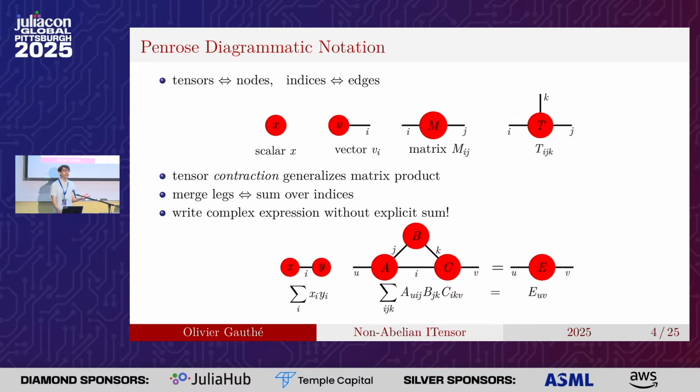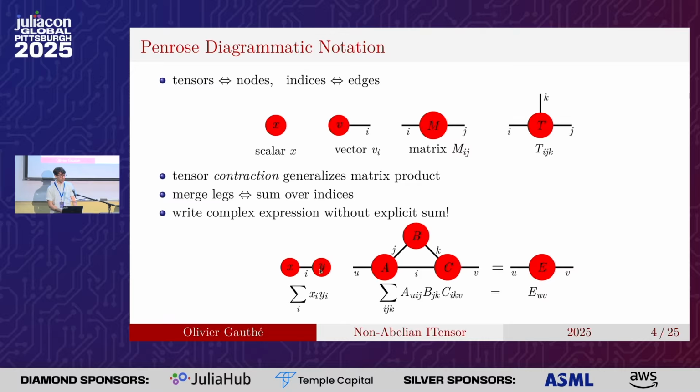In tensor networks, we end up with many different axes, so we need a diagrammatic notation to represent all of this. This is called the Penrose notation, where a tensor becomes a box and the legs of the tensor become edges. I can generalize the matrix product, where I'm summing over the indices, as the tensor contraction where I merge legs.